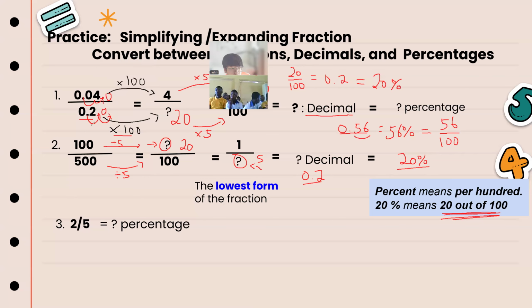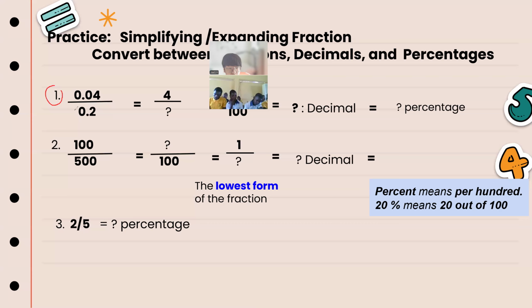On the first question, we started with 0.04 over 0.2. That was the same as 20% or 0.2. That is also equal to this number here, 100 over 500. You can see these are the same fractions.